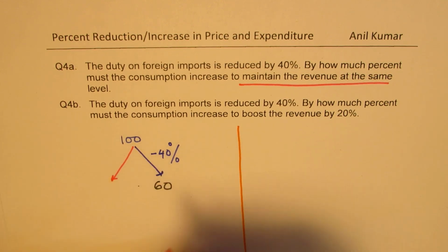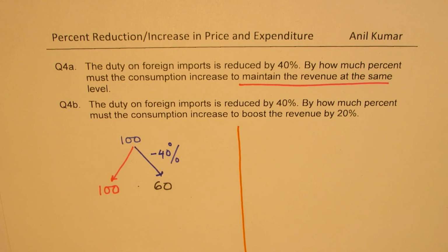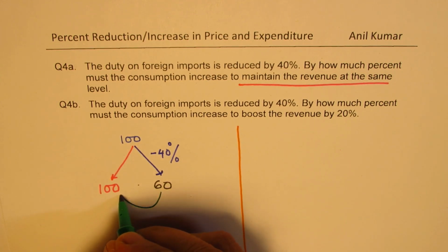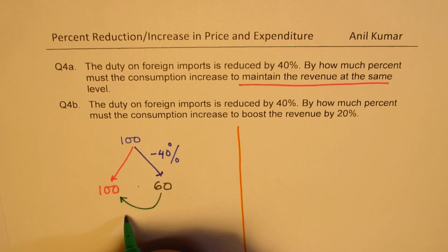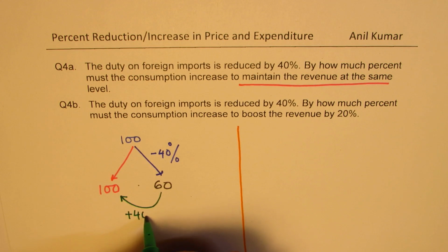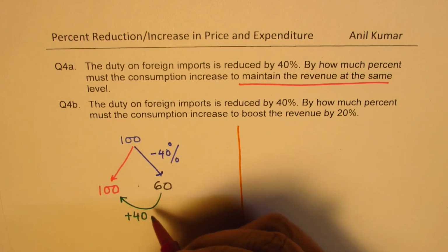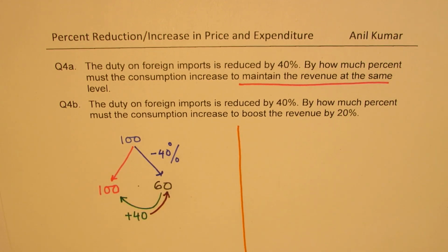That means we want this to be 100. Now to do so, what we have to do is increase the consumption, right? Increase by how much? It is increased by 40. But this 40 is on 60. This 40 is on 60. Do you see that?